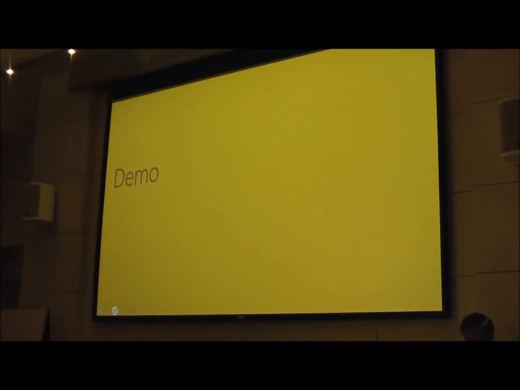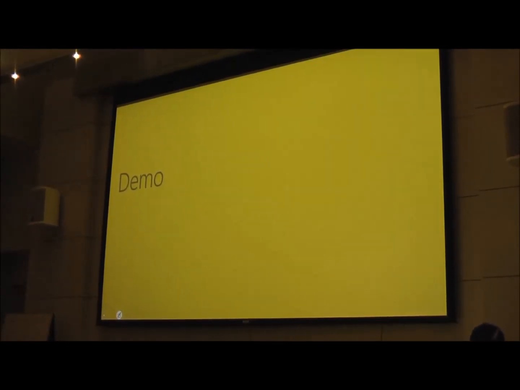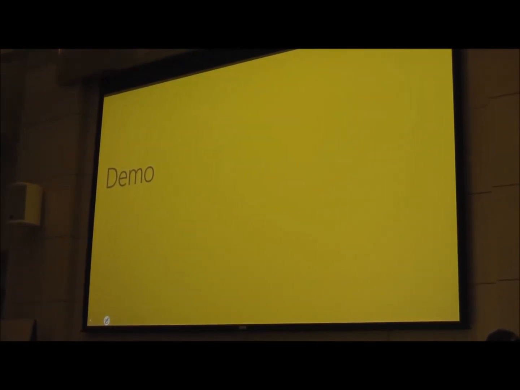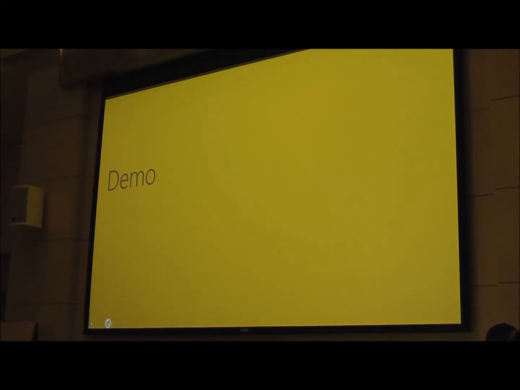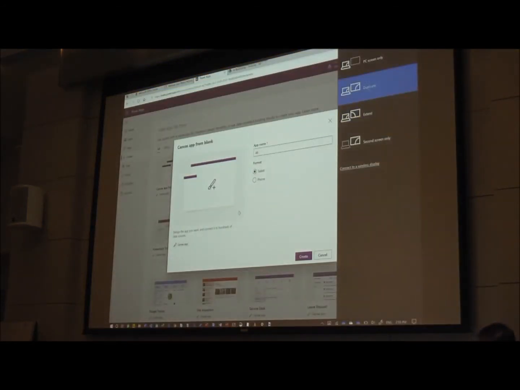So starting from here, let me show you why I was saying. So I have a Power App here, right? When I create from blank, I'm going to give A, B, C. Oh, sorry, because I was in projection mode. Extend. Sorry.